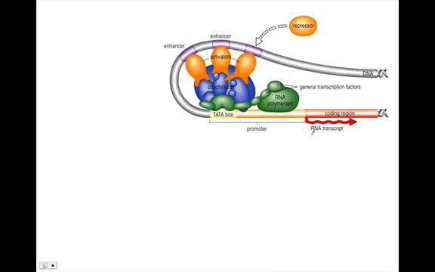The DNA of any gene is composed of two parts: the transcription unit that codes for RNA. So the transcription unit is DNA, and the DNA gets transcribed into RNA, the primary transcript. This is the structural, the functional part of the gene.